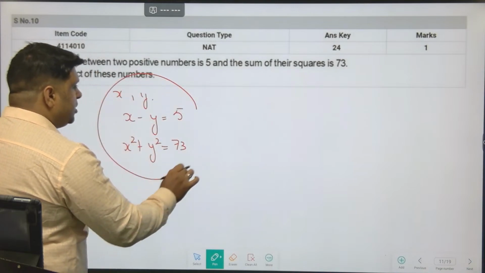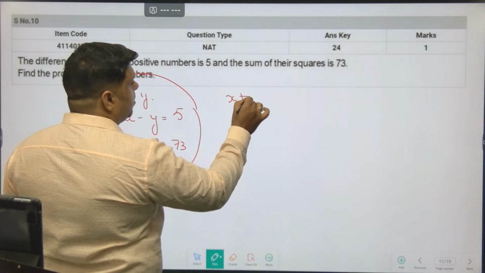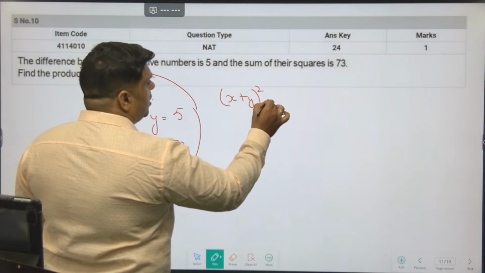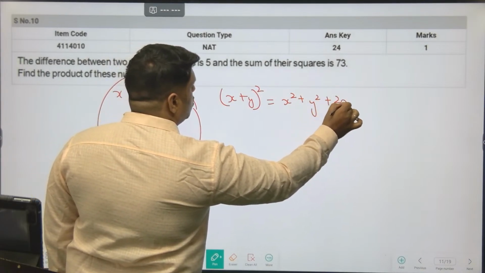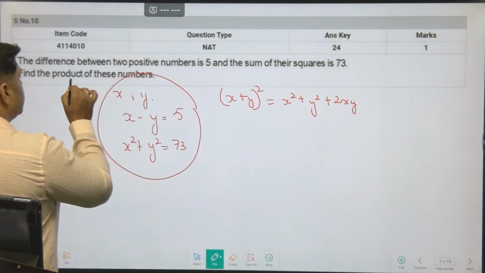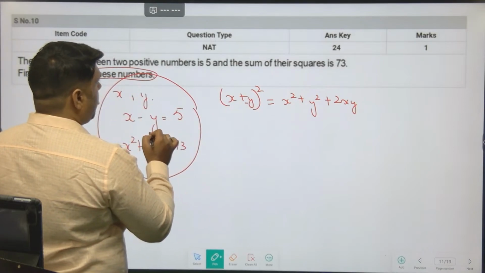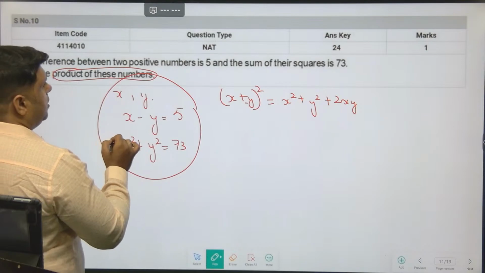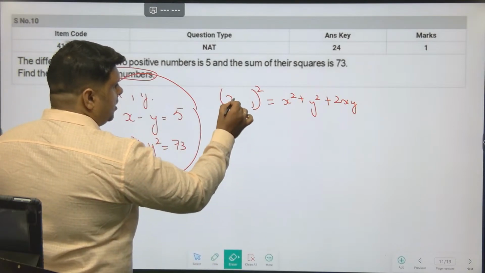So this information he has provided, and we can use our identity. He is asking to find the product of these numbers. We have to use x minus y because he is asking about the difference.